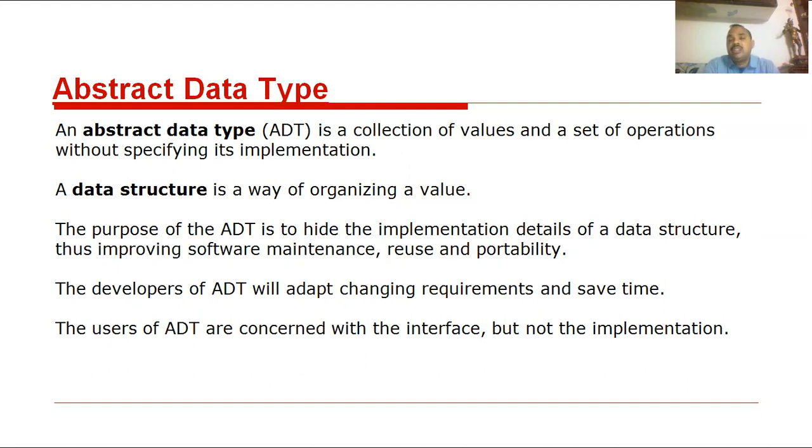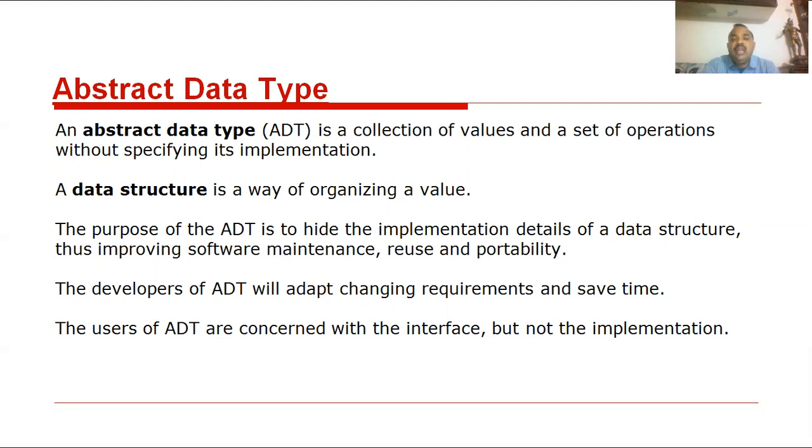Clear? Then what is a data structure? A data structure is a way of organizing data. That is called data structure. Clear? What are the differences between abstract data type and data structures? The first difference is the definition.